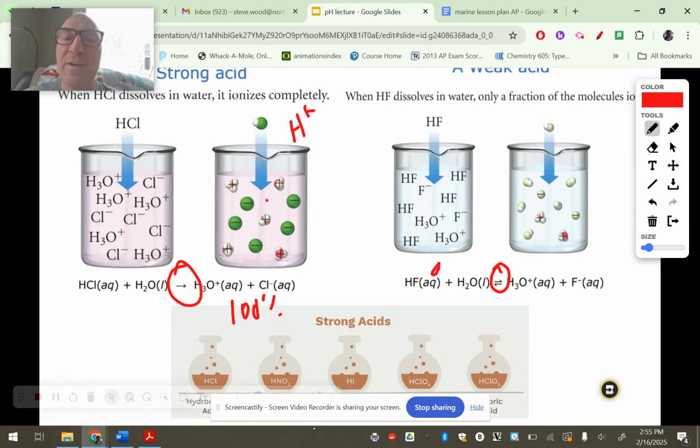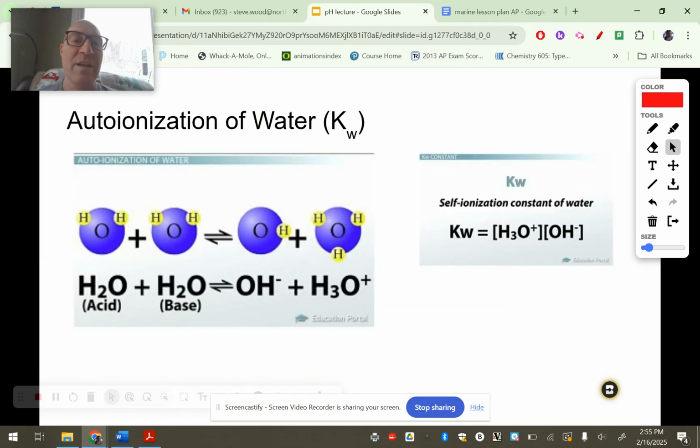Usually this is 95% reactants and less than 5% products. So it's barely producing anything, and you get just a tiny bit of acid. So the strong acid is much stronger than the weak acid right here. That's what we talk about with strength. It has to do with how much they dissociate.